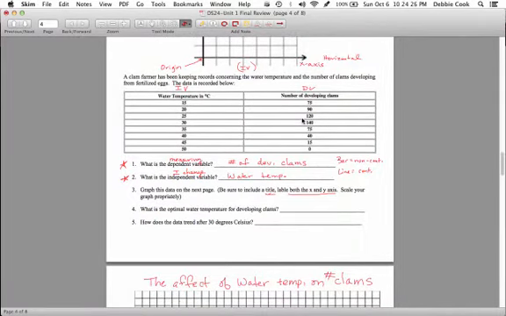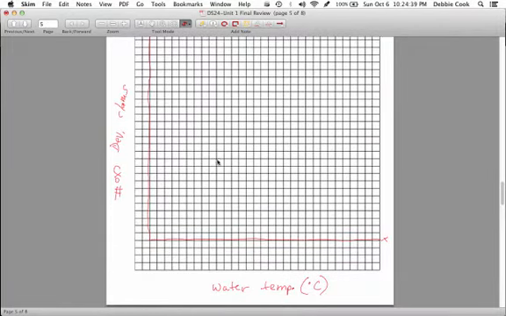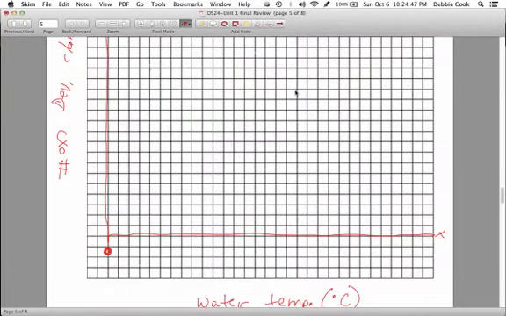So the next thing I need to do is figure out how I'm going to scale. So I'm going to scale my water temperature first. So I notice that 15 is the lowest water temperature that I actually have to have data for, and 50 is going to be the highest. So if I go down, I'm going to go ahead and scale this. I'm going to start here with 0. And I'm going to zoom in so that you guys can see what I'm doing here.